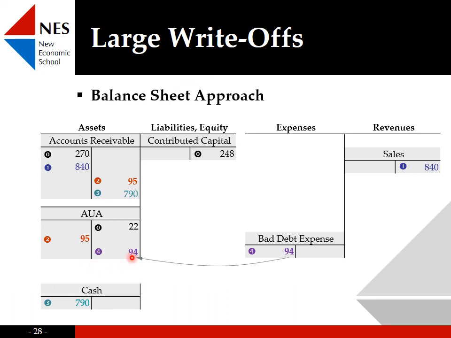So we will now need to recognize a bad debt expense of 94. Now note that under this scenario, the level of the allowance for uncollectible accounts after transaction 2 is actually negative, right? If you are uncomfortable with that, we can modify this scenario to what is shown on the following slide.